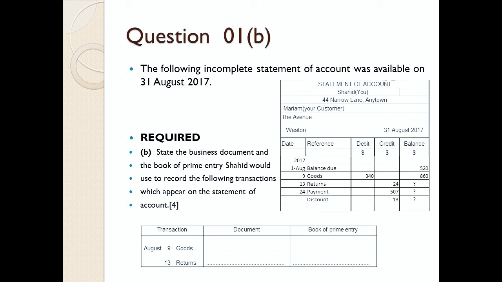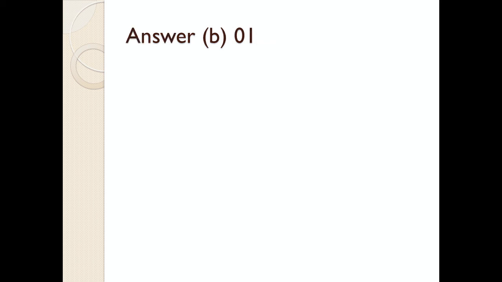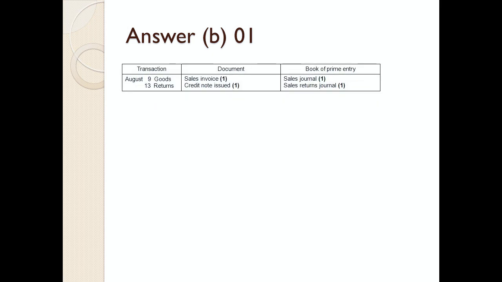In case of return by him to you, you have received goods back, that is a sales return, and the primary book you have to record in is the sales returns book. And what document will you use here, because you are crediting his account in your books? You have to issue a credit note to him. So here comes your answer as I have discussed with you.